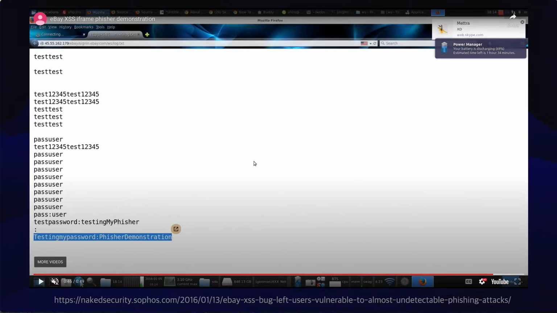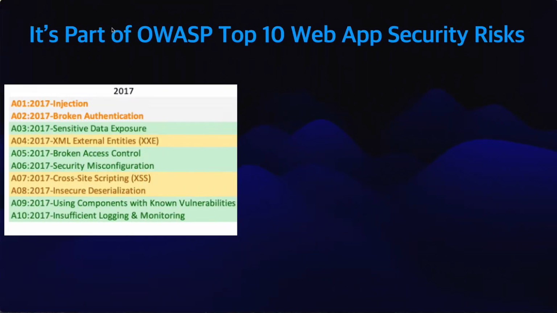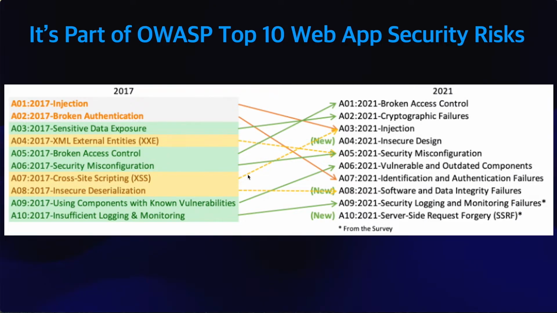So before we dive in deep into what XSS is, let's see what OWASP tells us about it. Back in 2017, when the OWASP Top 10 Web Application Security Risks list came out, injection was at the top of it at A01, and cross-site scripting was at A07. And last year, when they revised this list based on their process, look at this now.